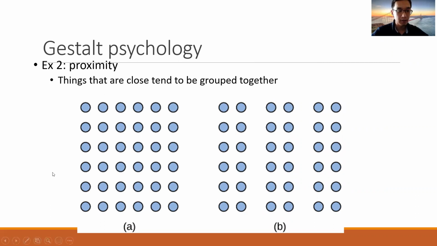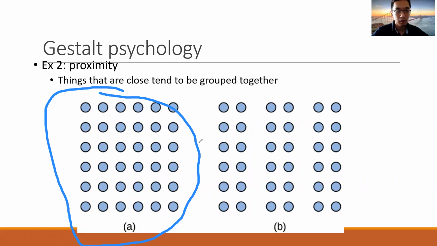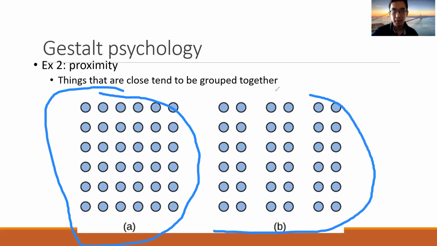So the picture on the left, here, this part, there are a lot of blue dots. So it seems like these dots are in the same group of dots. But the picture on the right, right here, how many groups of dots are here? It seems like there are three groups of dots. Why is that?